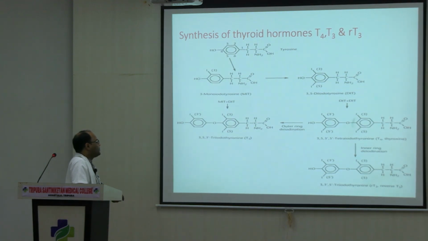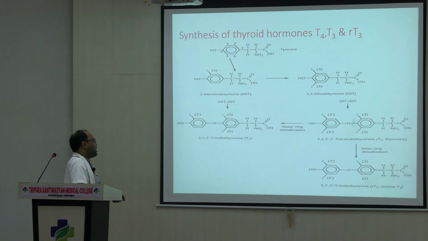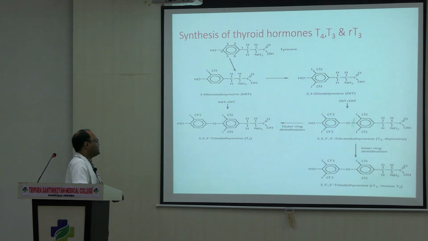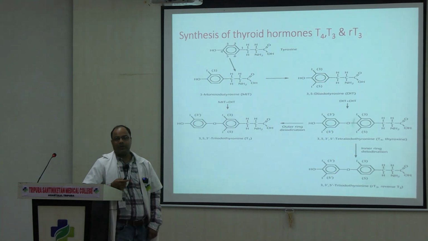When inner ring deiodination occurs, it produces reverse T3. This is biologically not active. Only T3 is the active form, and 3,5-diiodothyronine is also biologically active.